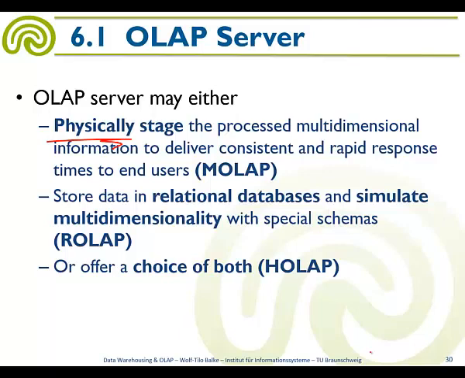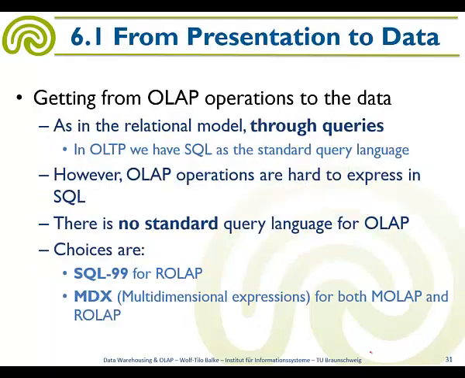Or you can basically do both, so a little bit of physical staging with a little bit of simulation if you do hybrid OLAP, if you use both technologies together.